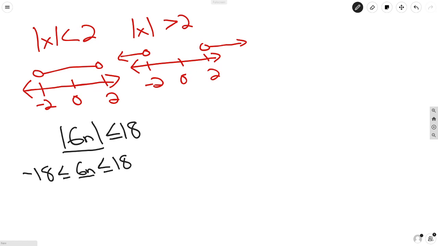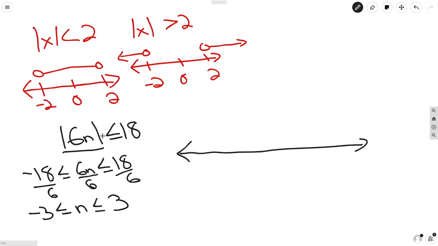So now I'm going to get n by itself, and to do that I need to divide by 6. So I'm going to divide all three parts, make every single part equal. So then I have negative 3 is less than or equal to n is less than or equal to 3. So let's look at that on a number line here.